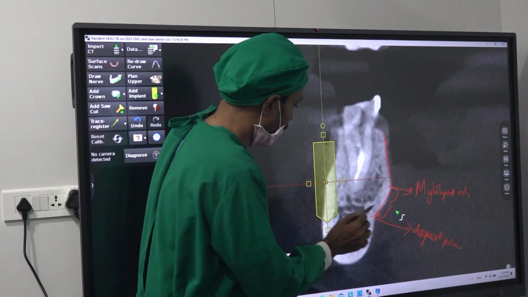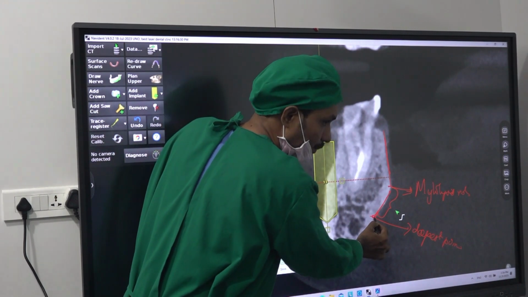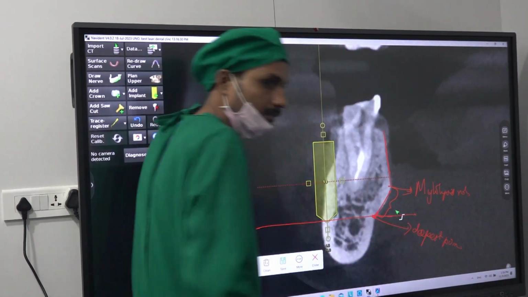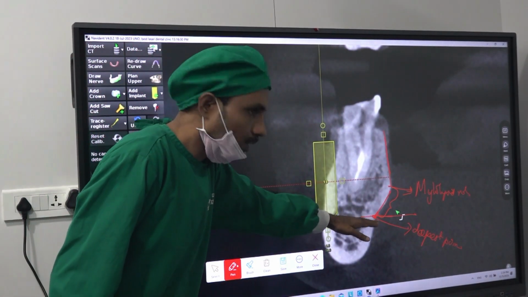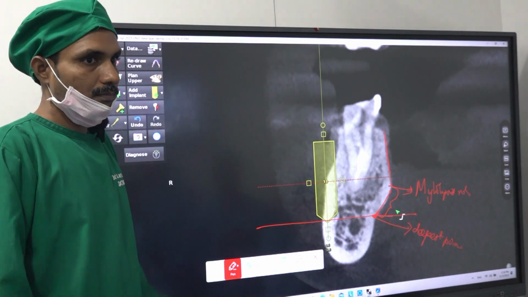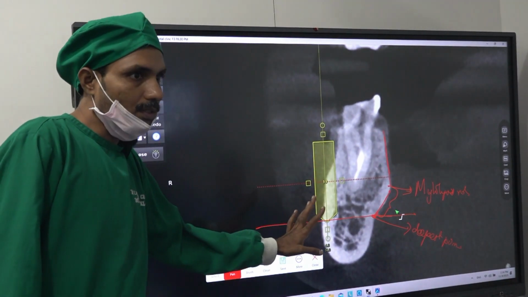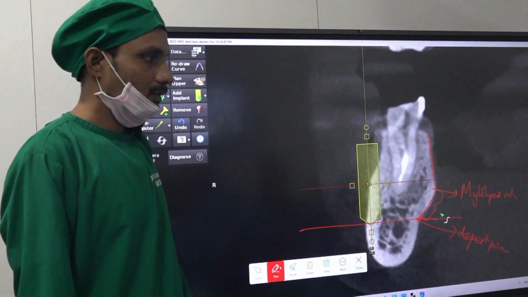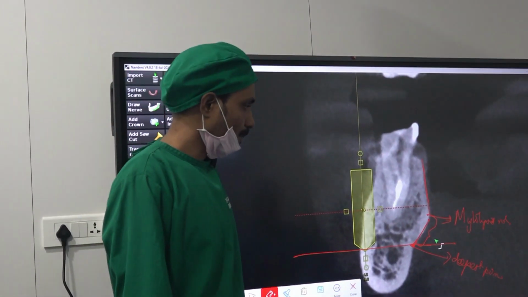So why I am drawing all this is, this is the deepest point, no? From the deepest point you draw a line. The inferior alveolar nerve is always below this line. Even if you don't have CBCT, if you understand this, you can avoid nerve injury.